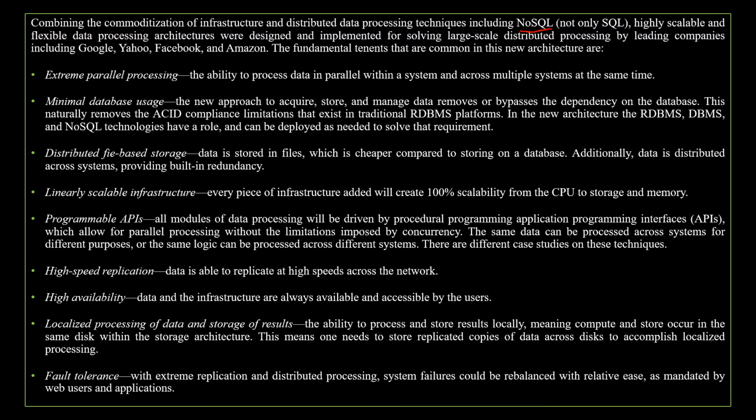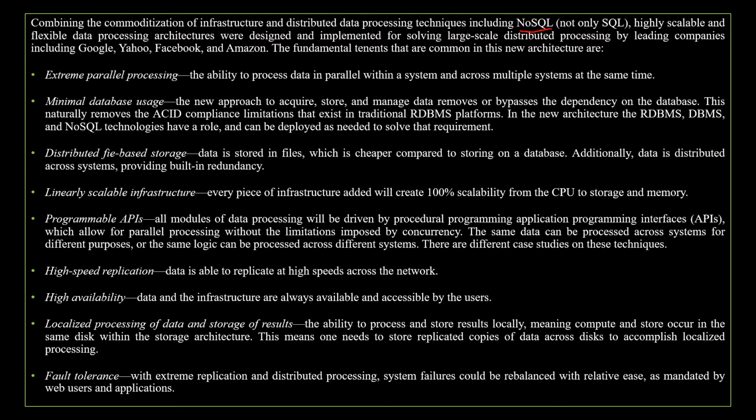Okay, and then localized processing of data and storage of results: the ability to process and store the result locally, meaning compute and store occur on the same disk within the storage architecture. This means one needs to store replicated copies of data across disks to accomplish localized processing. And the last one, of course, is fault tolerance.